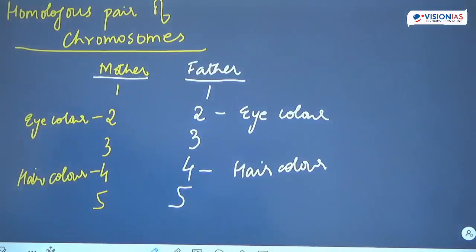They are similar in length, structure, and gene position. One coming from each parent.